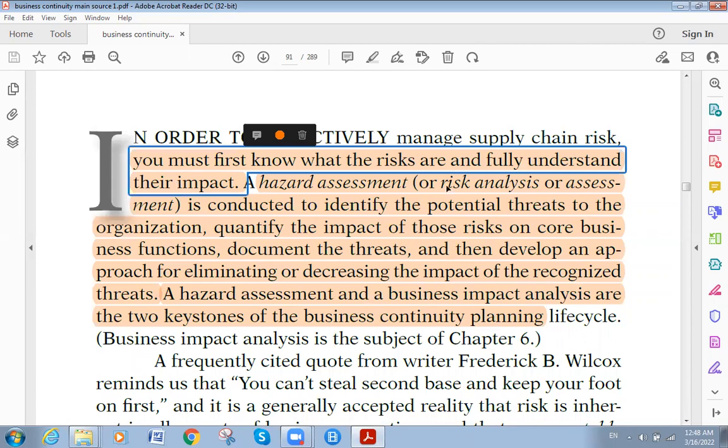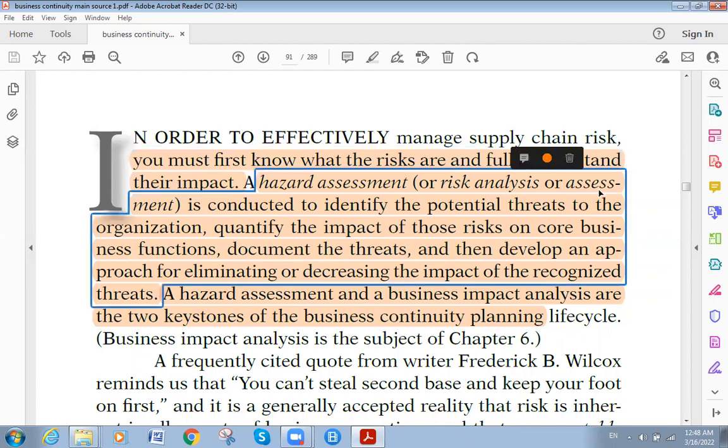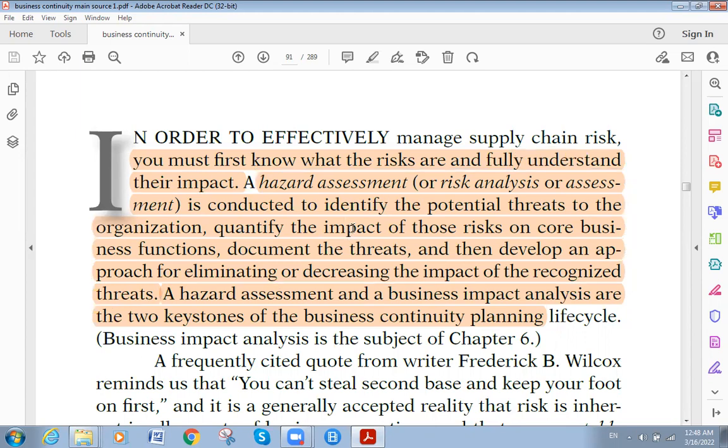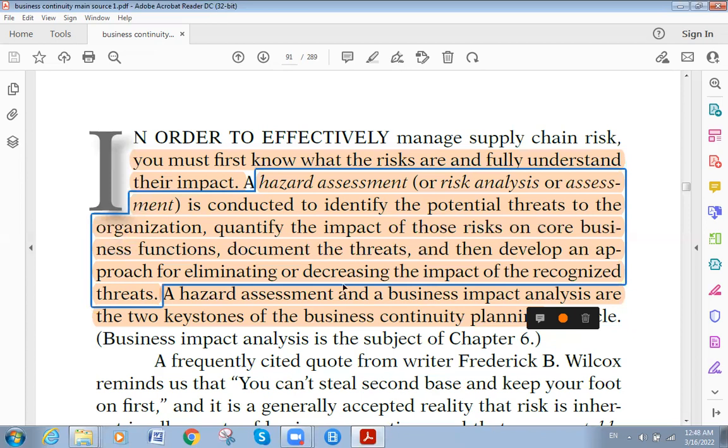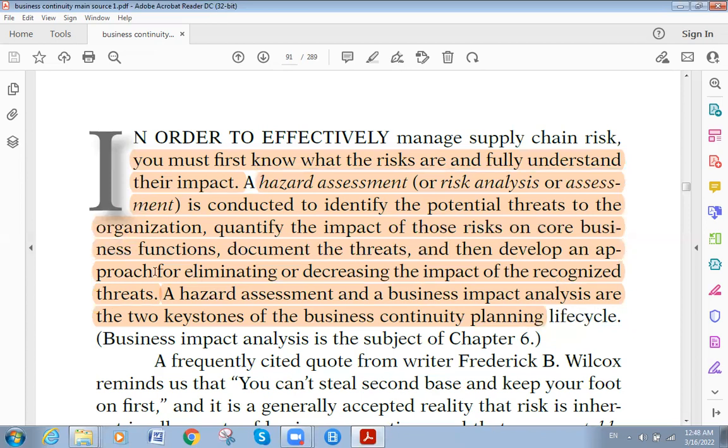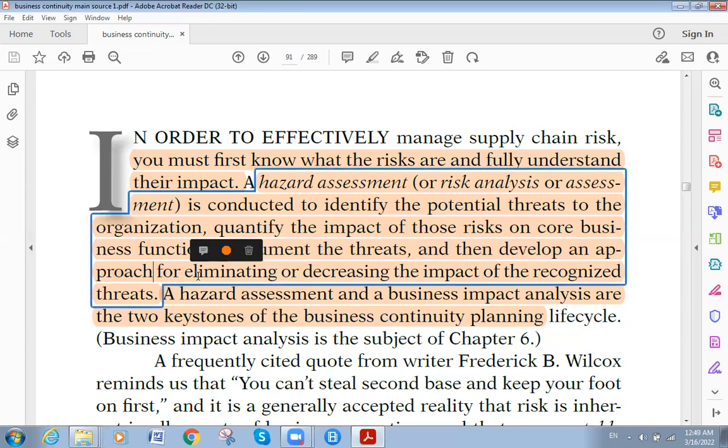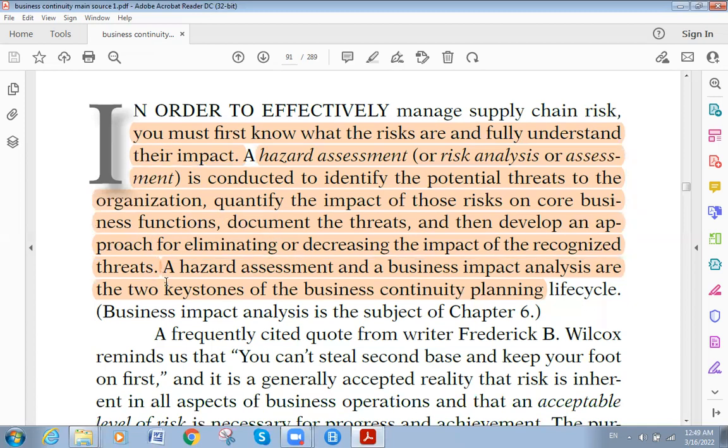A hazard assessment or risk analysis is conducted to identify the potential threats to the organization, quantify the impact of those risks on core business functions, document the threats, and develop an approach for eliminating and decreasing the impact of recognized threats.